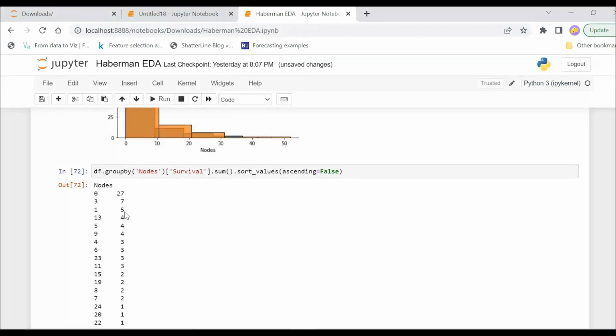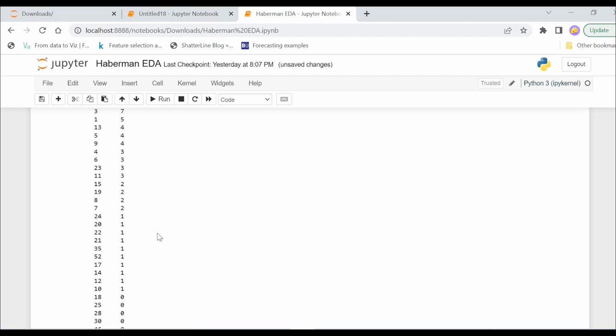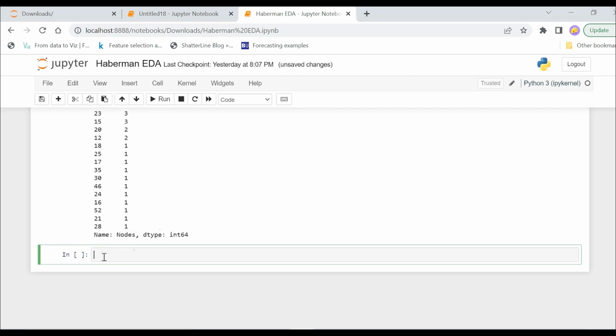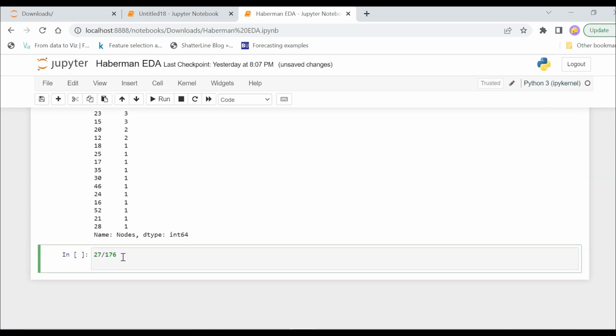What is 1? 5. So 5 out of 20 is 25%. What is 27 divided by 176?